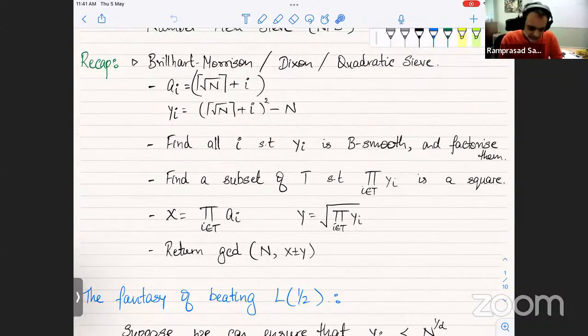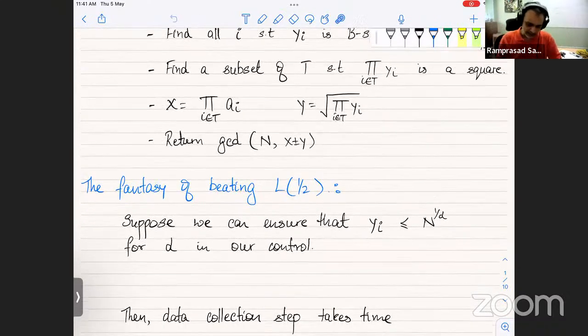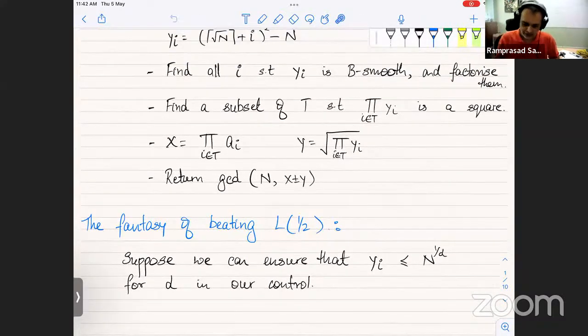The advantage of what Morrison-Brillhart did, or what the quadratic sieve does, is that the yi's are much smaller, roughly about root n size.